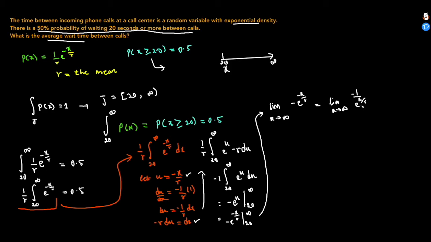As x goes to infinity, x divided by some constant is still infinity, and this gets smaller and smaller, so this goes to 0. Okay, so that's the upper bound.